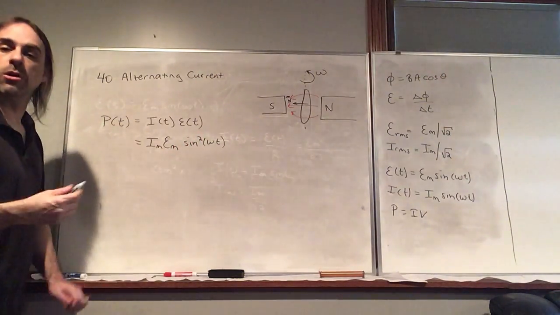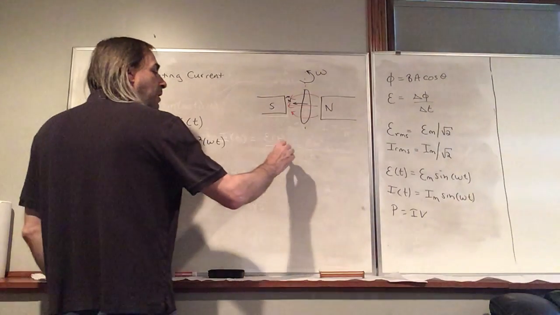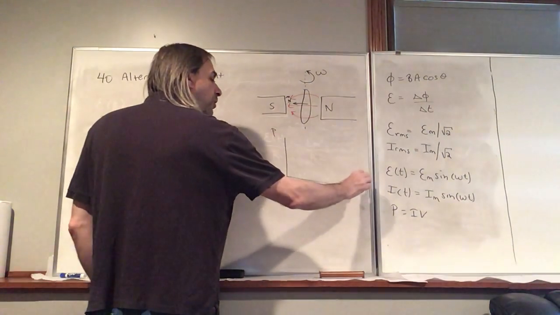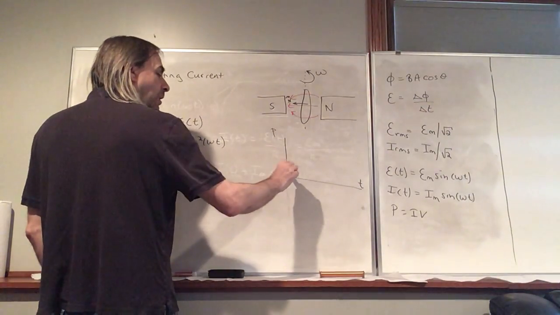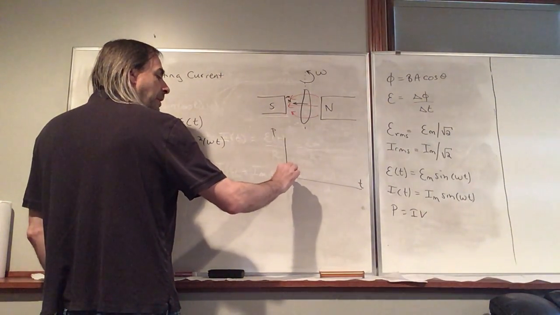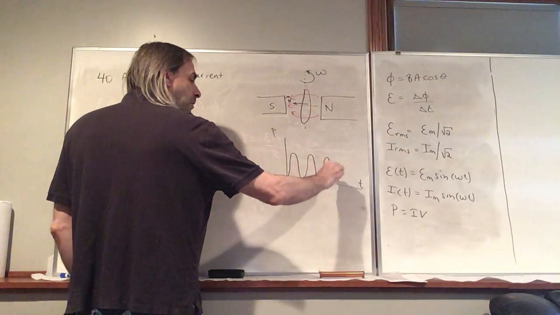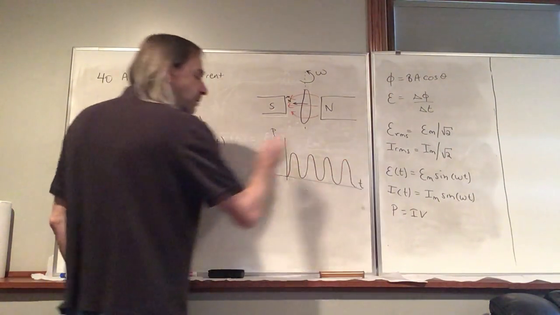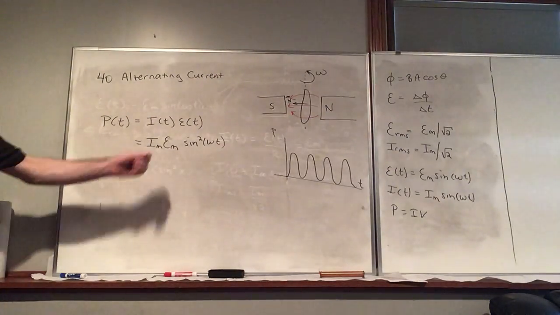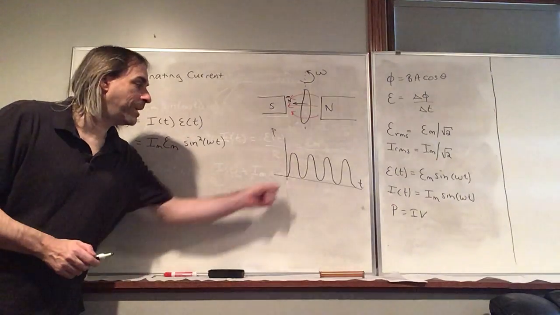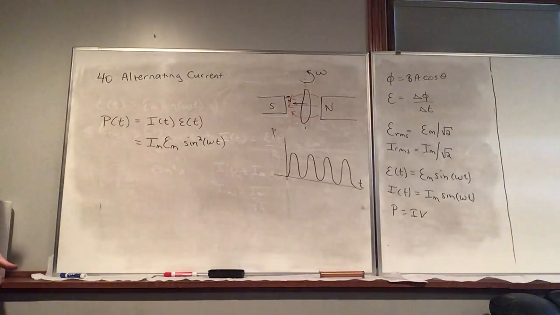If we look at the power delivered by a source of alternating current, it's going to look something like this. The power is a function of time. These are positive values. Sine squared can be 0, but it can never be negative because we're squaring it.